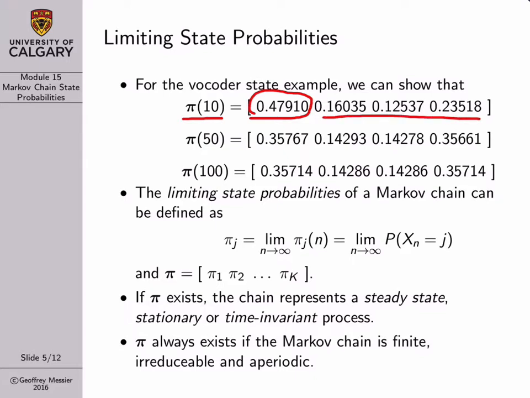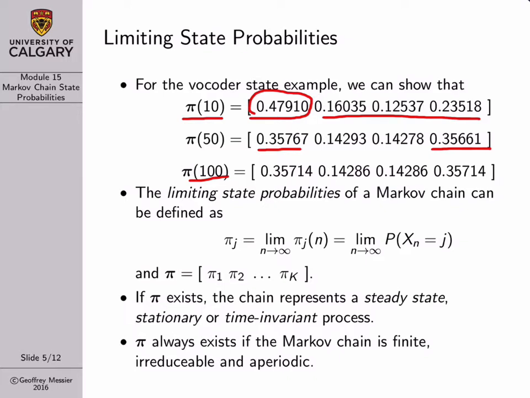After 50 time steps, we see that things are starting to spread out even more, and in fact, the probability of being in state 1 and the probability of being in state 4 are almost equal, even though state 1 is still a little bit higher. After 100 time steps, we can see we're starting to converge, right?